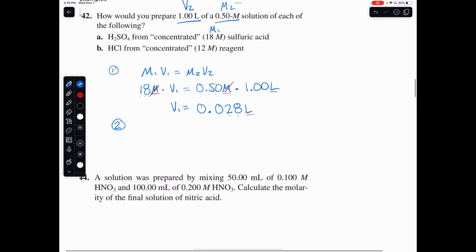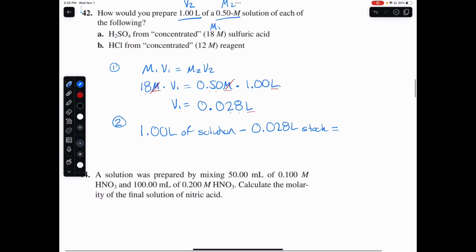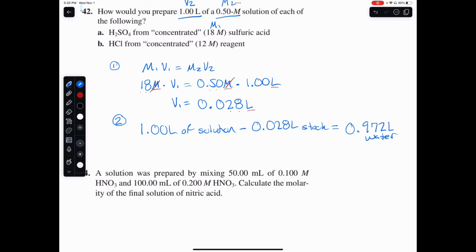So if we're making 1 liter of solution, but 0.028 liters of that is stock, then the amount of water that we're going to add is 1 minus the stock. And there's 2 ways you can say this.